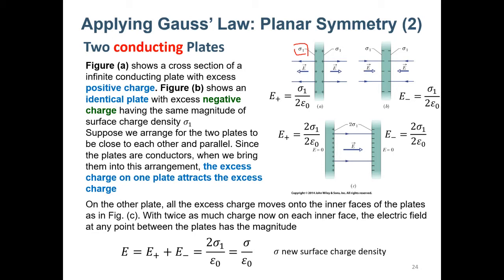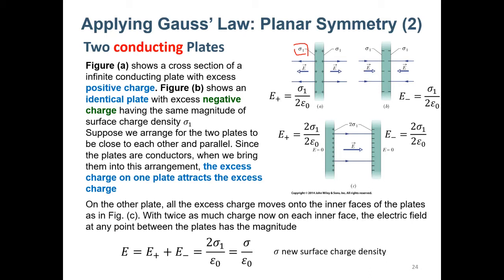And this is similar for this one. All the negative charge will go to the left side, so all the E field generated by this plate will go to the left side, and it will be doubled. Actually, you can imagine that the E field generated here points to the right, and the E field generated by this one also points to the right, so they add together and become larger.